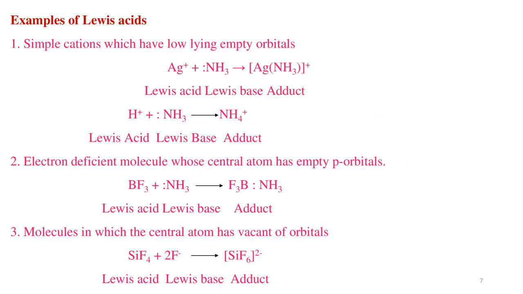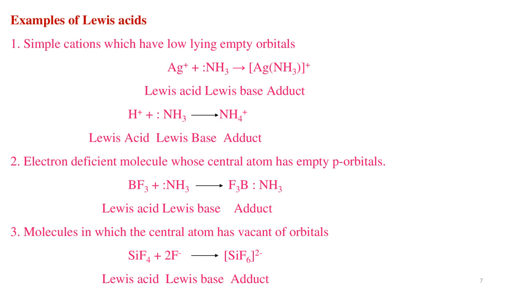Examples of Lewis acids: simple cations which have low-lying empty orbitals. For example, Ag+ with ammonia giving rise to Ag(NH3)+. Here Ag+ acts as a Lewis acid and ammonia as the Lewis base.